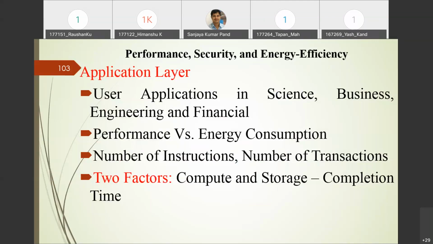Completion time depends on how many instructions you want to execute on a particular processor, and also on the processor speed, MIPS, how many million instructions can be executed by a particular processor. So there are two important factors, computation and storage, which determine how much time is required to complete a particular work in a particular system.